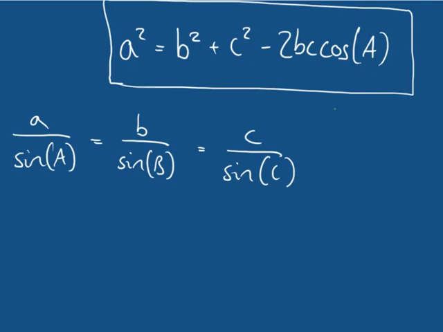Also, because our triangle is completely arbitrary, the letters in our cosine rule are interchangeable. So all that actually matters is the relationship between the angle that we know or that we're trying to find and the edge that is opposite that angle.